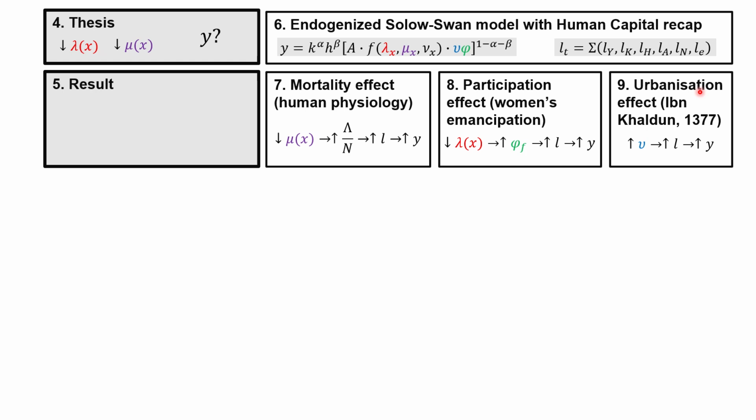Of course, we use urbanization as an estimator, if you will. Effectively, the more people that are not included in the specialized labor force, right? They are effectively subsistence farmers or people who are not in the labor force, hence the term LE here, right?